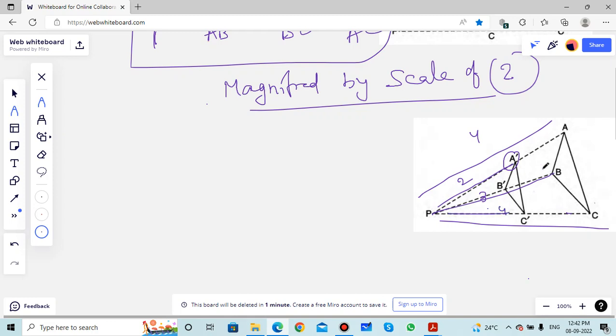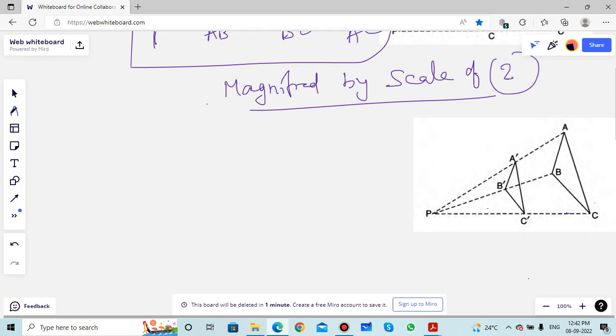So what happens here? Are we not putting the points A dash, B dash, and C dash less than PA? PA dash is less than PA by how much? Which factor of scale? Half.